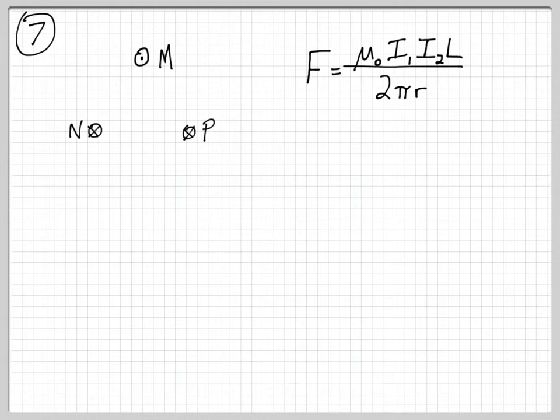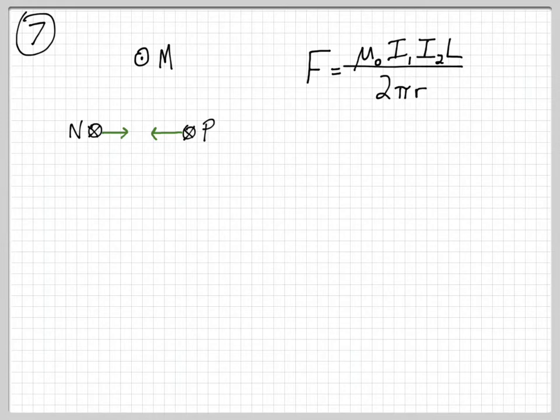So, if I think about the bottom two, N and P, they are carrying current in the same direction, and that means that they are going to be attracted to each other. So what I'm going to do is just sketch in a couple of force vectors. That is the Newton's third law pair of forces, N attracted to P, P attracted to N. If I think about M and N, they carry their currents in opposite directions, and that means they're going to be repelled.